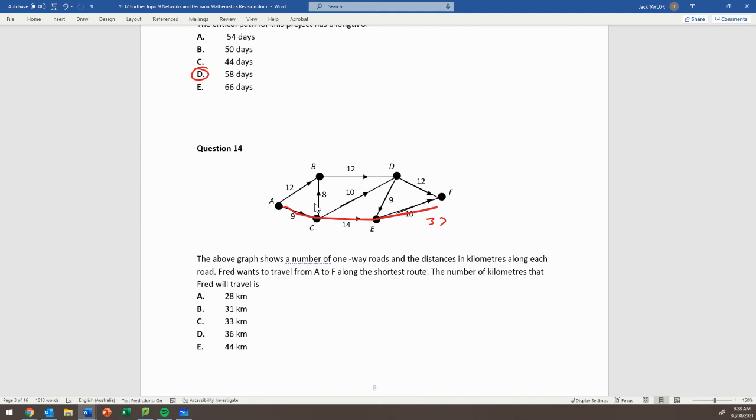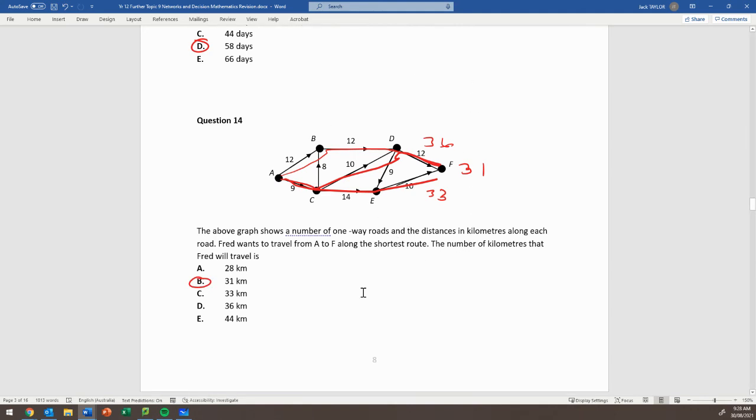He could go 12, 12, and 12, which is 36. Or for this one, you could go the 9, the 12, the 9, the 10, and the 12, which is 31. So that is our shortest route. So it's trial and error. Again, common sense, try and stick to the lowest valued edges.